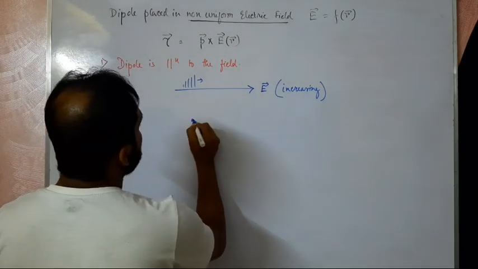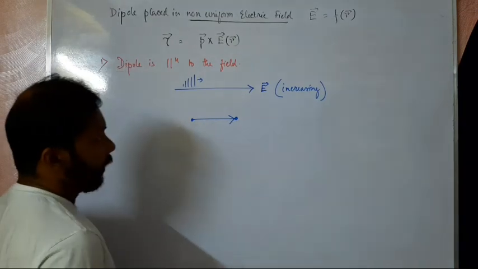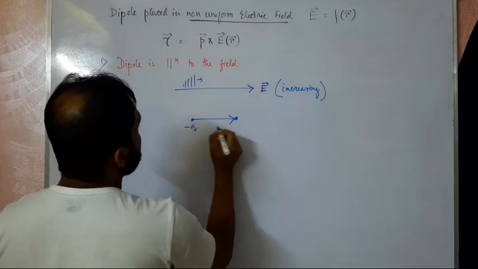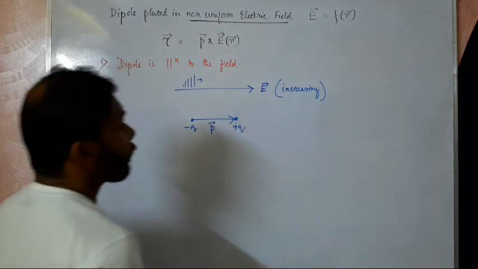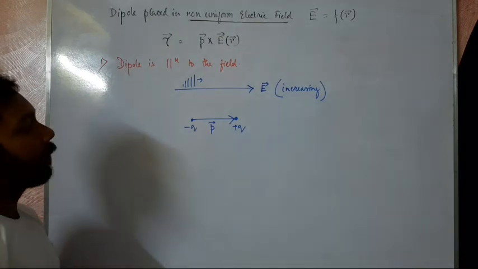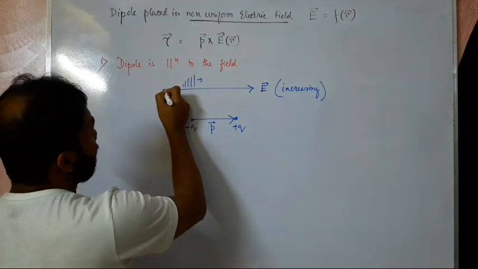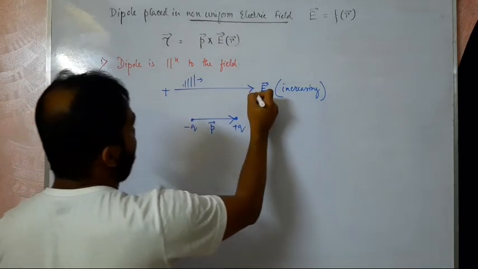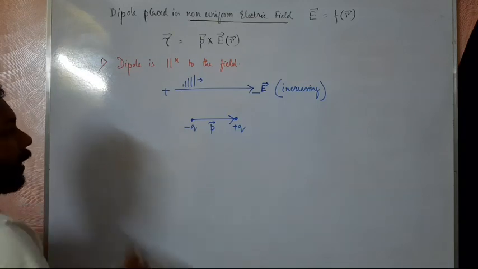Now, the dipole is placed in such a way that the dipole moment is parallel to the field. The dipole moment is parallel to the field means the dipole is parallel to the field. If it's so, we know the direction of the electric field is always from positive to the negative, and the direction of the dipole moment is always negative to the positive.